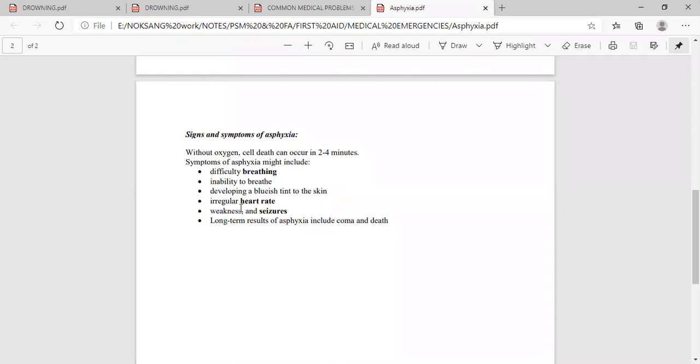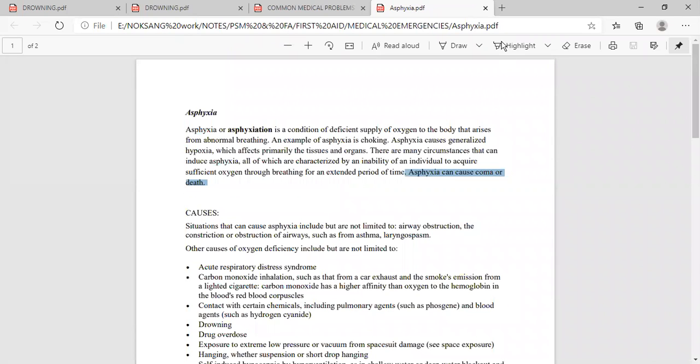Then there will be irregular heart rate, weakness, seizures, and long-term asphyxia can lead to coma and ultimately death of the person. Just take the picture. So asphyxia is a condition of insufficient supply of oxygen to the body that leads to abnormal breathing. That is known as asphyxia in short.